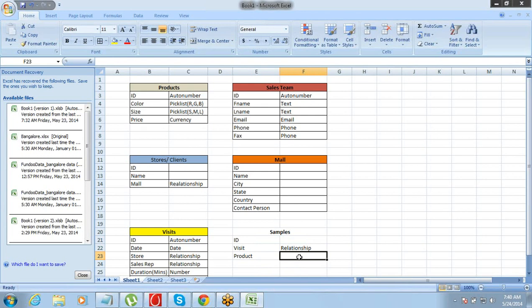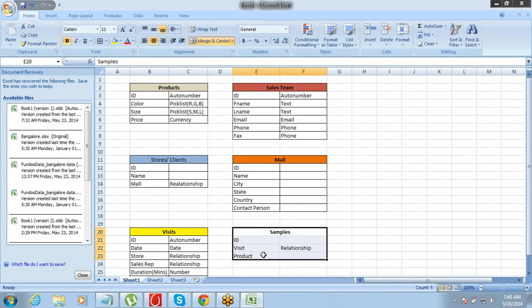So now you tell me one thing. On a visit there are products being given as samples, and so there needs to be a relationship between products and visits. There has to be a relationship between them, right? Between product and visit, there is a relationship. What kind of a relationship is that?